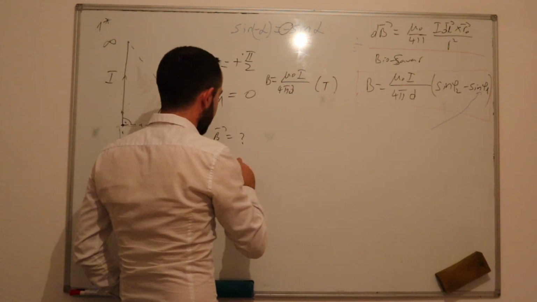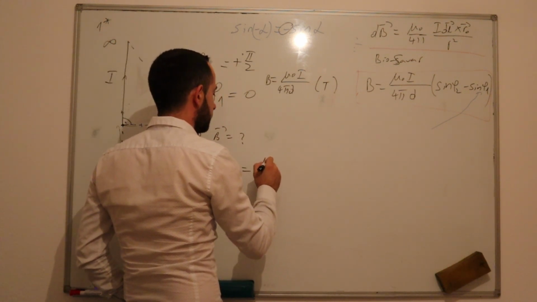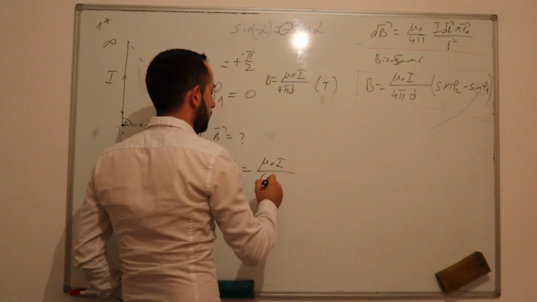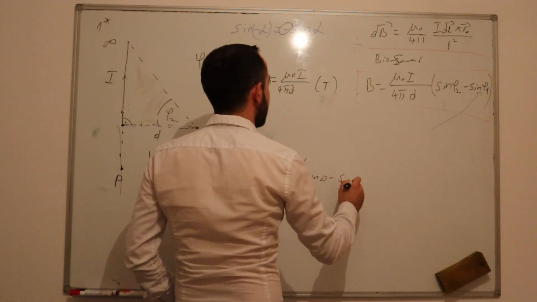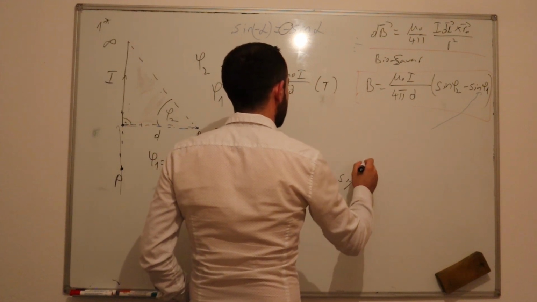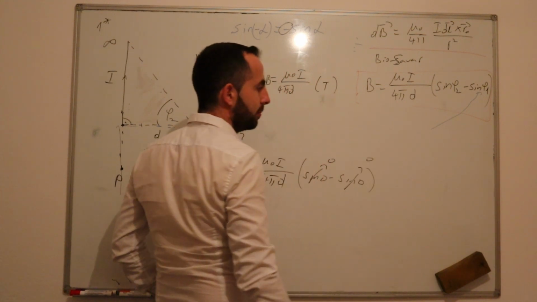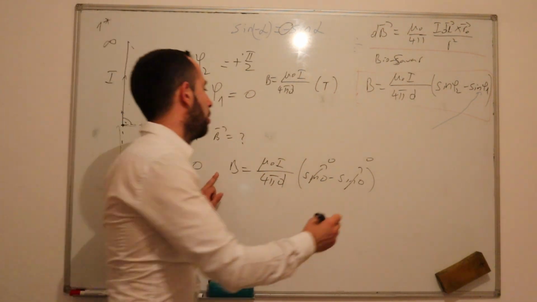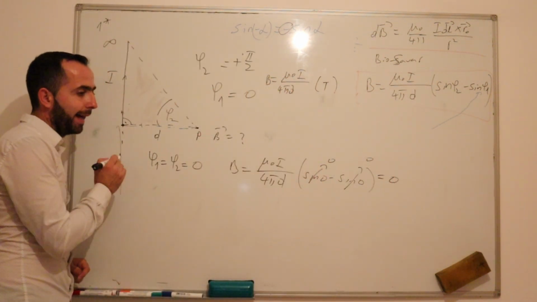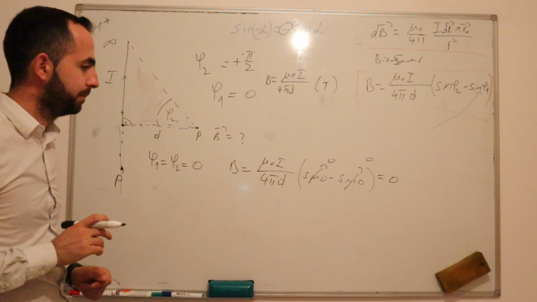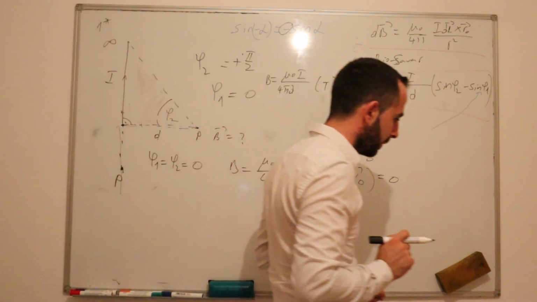I will have B equals sine 0 minus sine 0, which is 0 and 0. So my magnetic field is equal to 0 at this point.